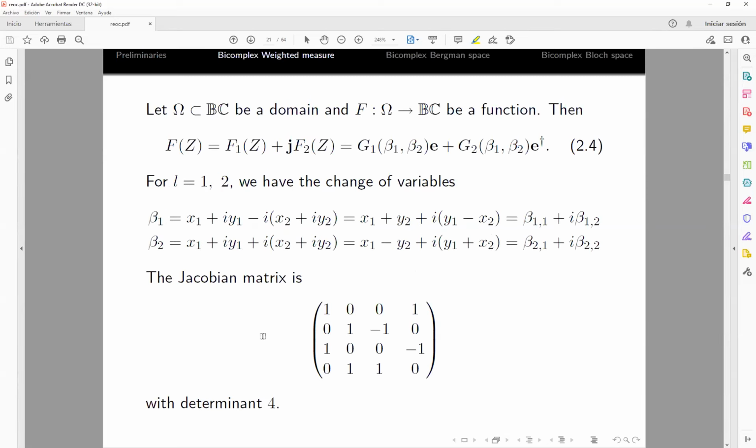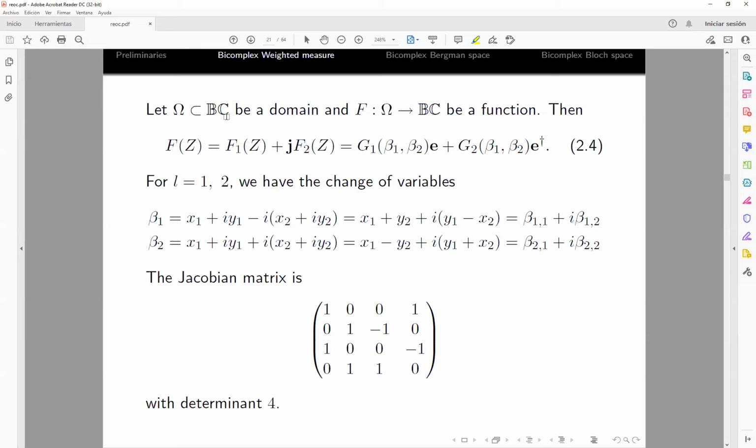Okay, now we consider a domain in the bicomplex numbers, or R4, and we consider a function.